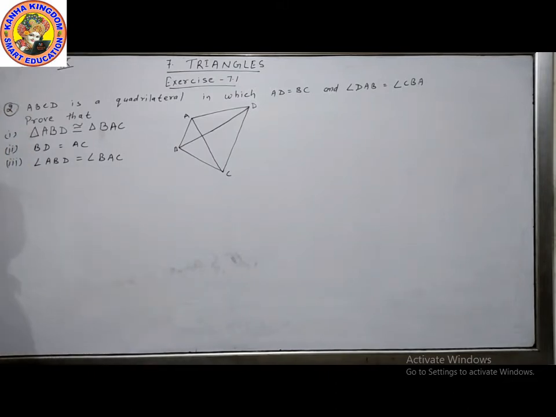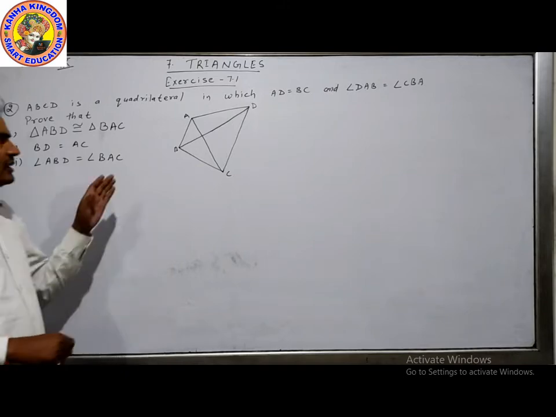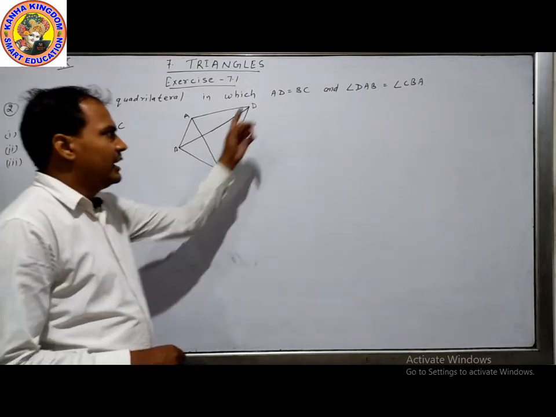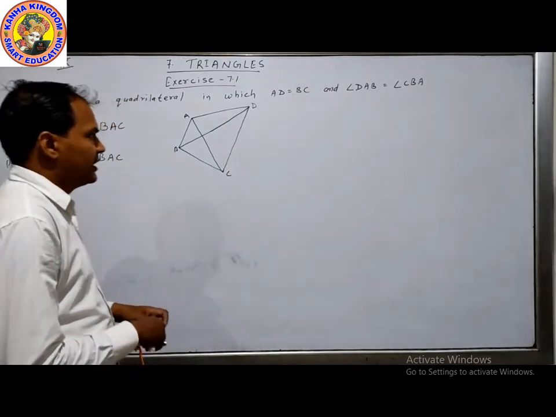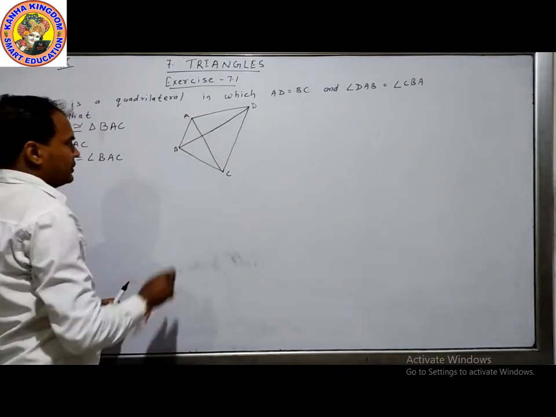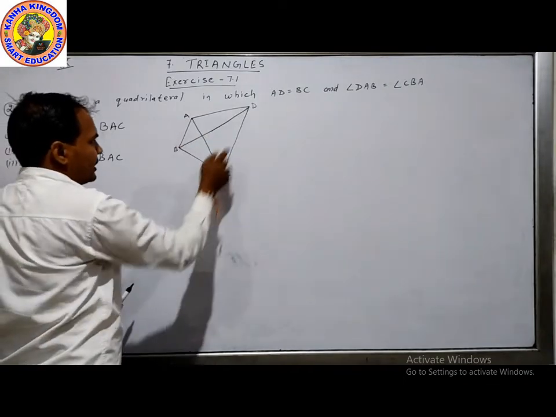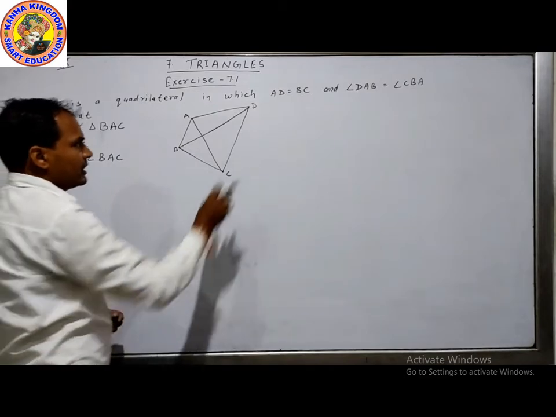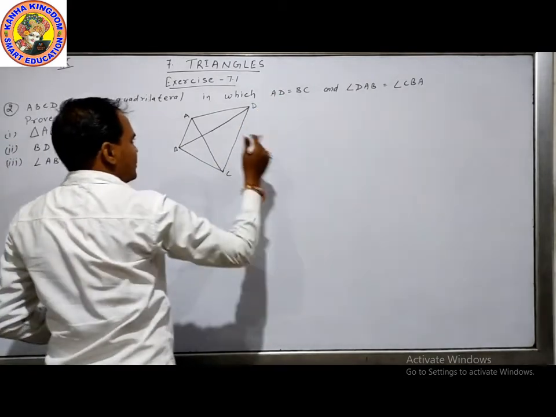7.1. Question number 2. ABCD is a quadrilateral in which AD is equal to BC. In this diagram there is quadrilateral ABCD, with AD equal to BC.